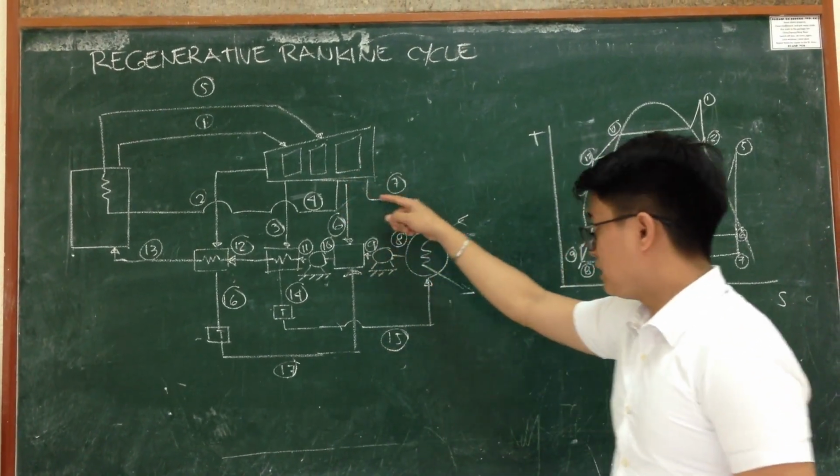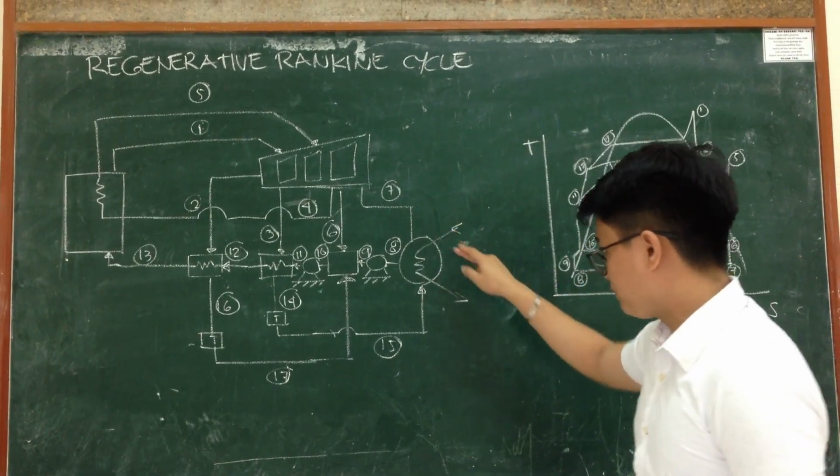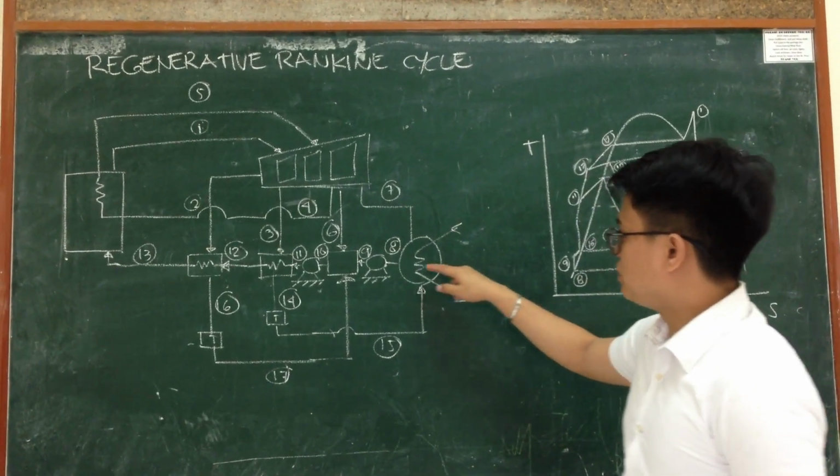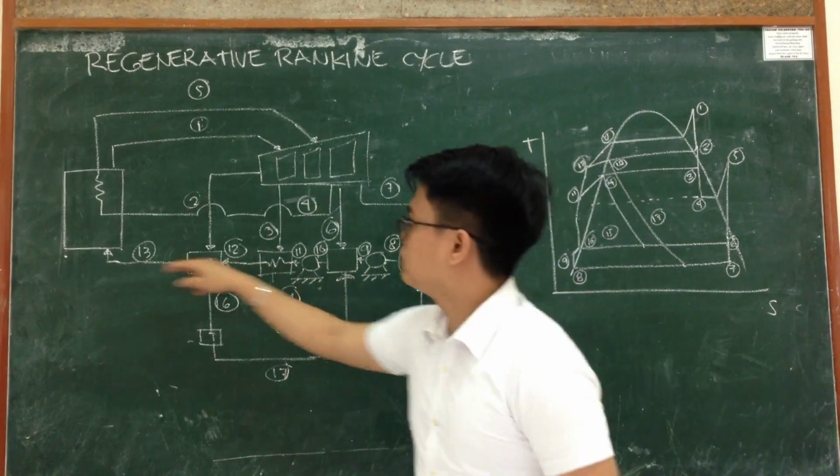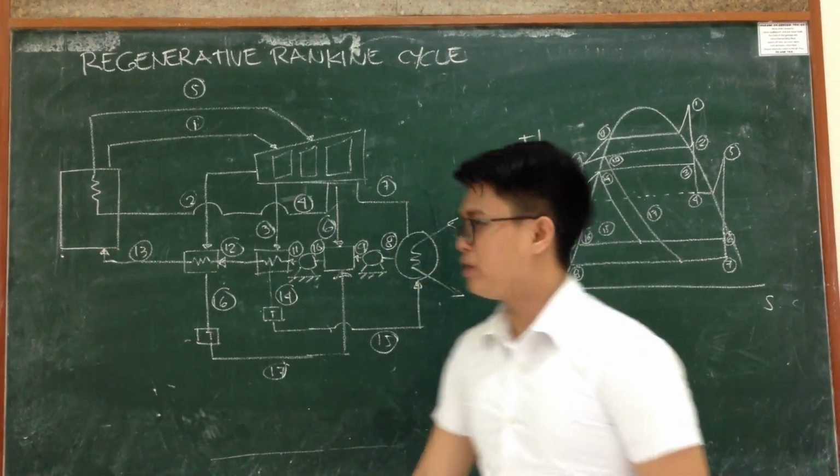And from the turbine, we have point 7 goes to the condenser. The condenser goes to the pumps and will go back again to the boiler.